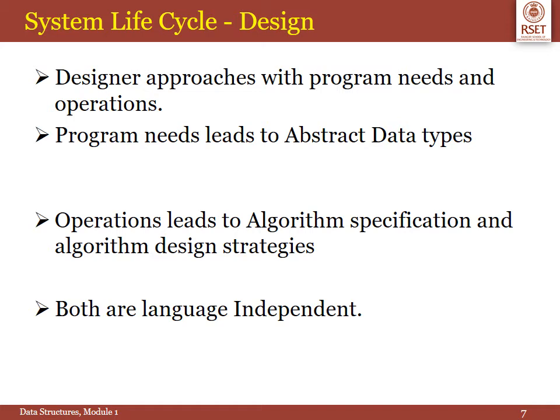For example, a class is an encapsulation of the data and the operations performed on that data. In C programming, examples of abstract data types can be list ADT, stack ADT, queue ADT, which we will be discussing later in this subject.